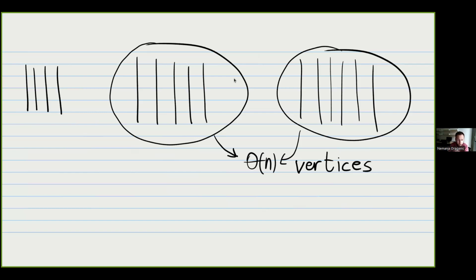If you just restrict your attention to something which has linearly many vertices, we don't know if the subgraph is an expander. Subgraphs of expanders don't necessarily inherit expansion. But what you can do is a simple cleaning procedure where you just remove a few vertices.